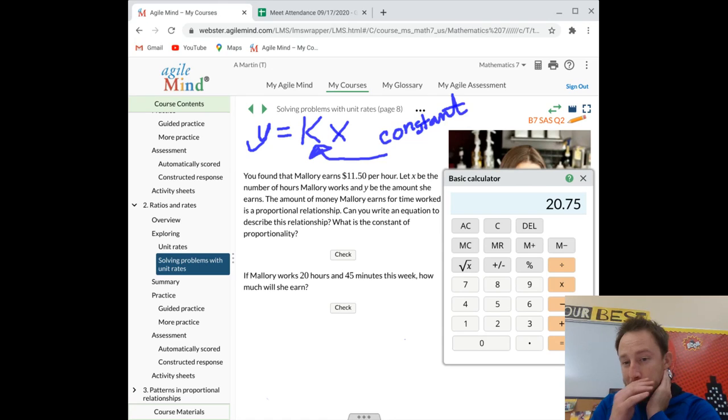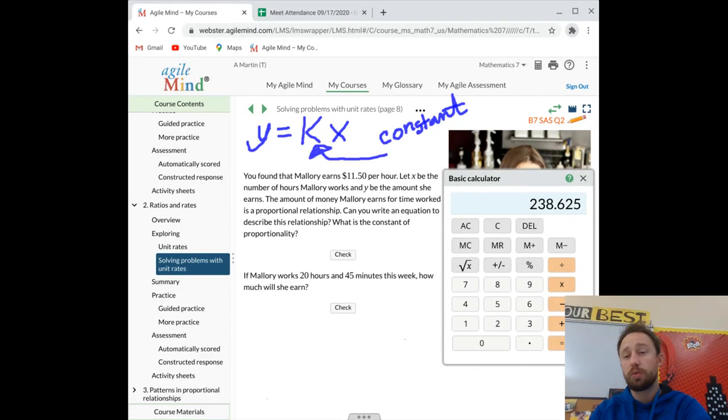So since there's 3/4 of an hour for 45 minutes, 3 divided by 4 is 0.75. So 0.75 plus 20 is 20.75. And she said we're going to take that and multiply it by the amount of money she makes per hour, which is $11.50. And so when we do that, we get $238 and some change. But we know that money is rounded to the nearest what?